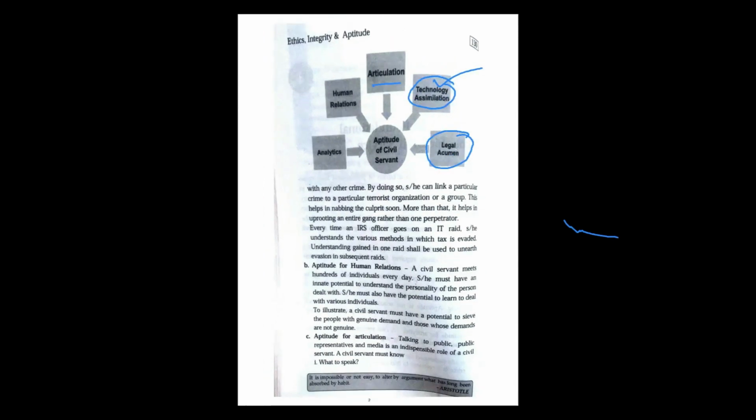Then analytics के ऊपर आपका कितना knowledge है, जिसको बोलते हैं कि knowledge of analytics, कैसे आप analysis करते हो. Then is human relations. आप human relations कैसे रखते हो, that is also important in aptitude, right? खास करके एक civil servant के बारे में यहाँ पे बात हो रही है, सबके बारे में नहीं. We are only talking about civil servant.